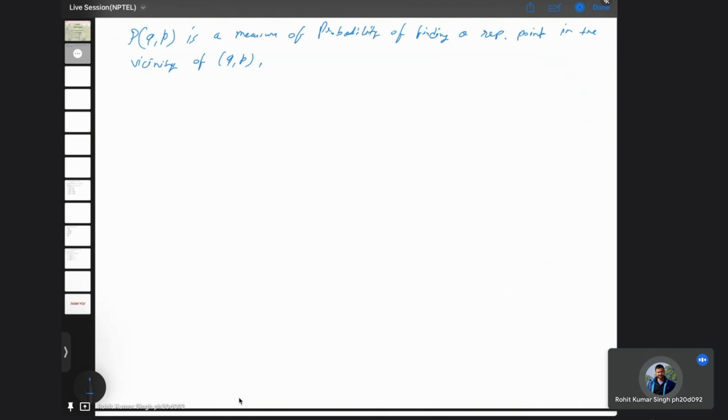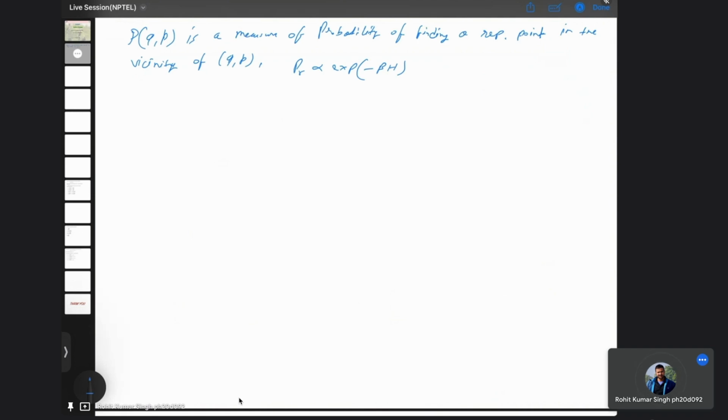We know that this probability in turn depends on the probability of a system having some energy E, right? And we studied that this probability is given by the exponential of this quantity. This we studied last time.